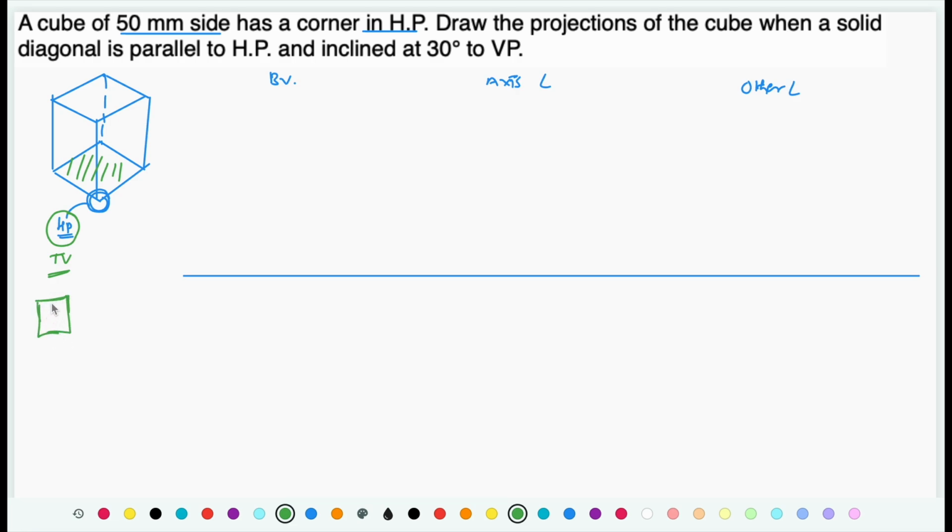But while drawing that square, the resting reference is a corner, so it is resting on its corner on HP. So when you draw that square, you need to keep a corner towards the right or towards the left. If you keep one corner towards the right, the other one is going to be there by default at the left.